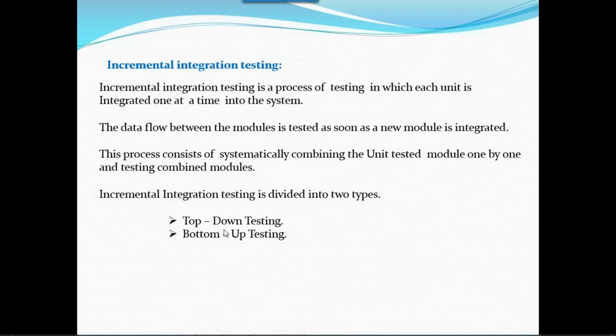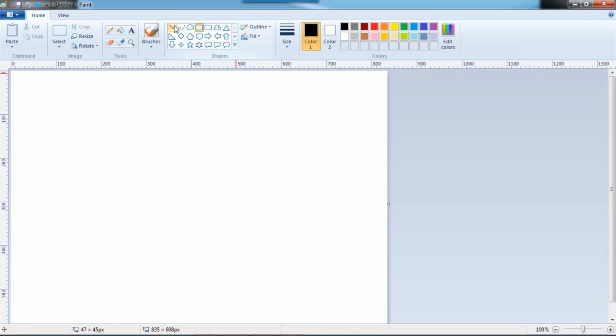So top down testing means what? There is a parent link. Link means if you click this link, it will navigate to other areas. So this is the parent link. Now you are adding child links. Whenever you are adding from parent to child, this kind of testing we can call top down testing.